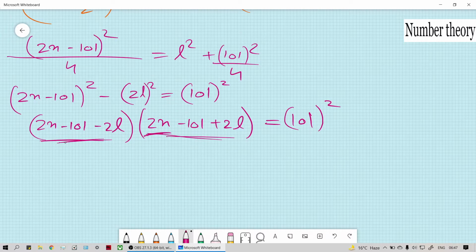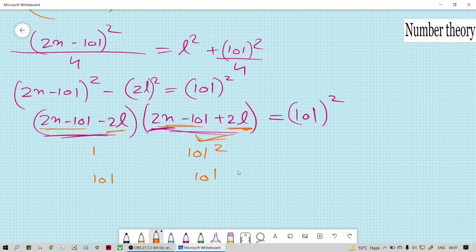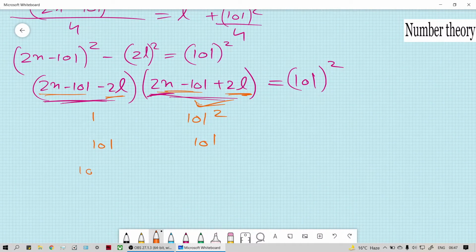The second one is greater than the first, because in both these expressions this part is the same, and in this term we are adding some positive quantity and here we are subtracting, so this one has to be greater. So we get this as one case and this as the second case. We will not have that third case, because this term is bigger.